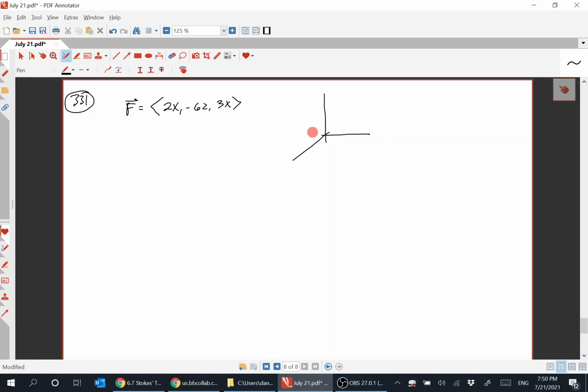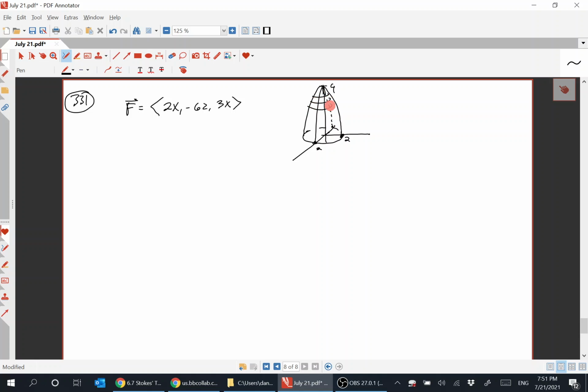When you get to the plane, the boundary of that, since z is 4 way up here, is going to be the circle of radius 2.